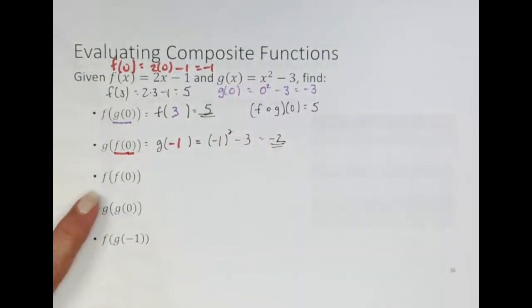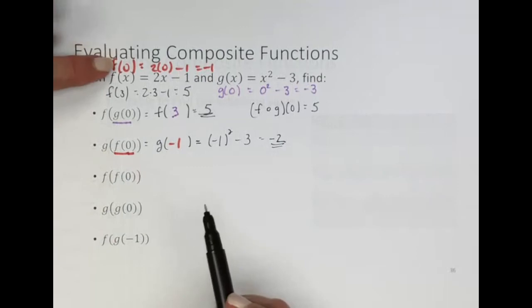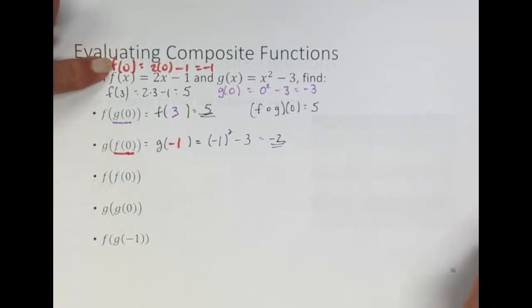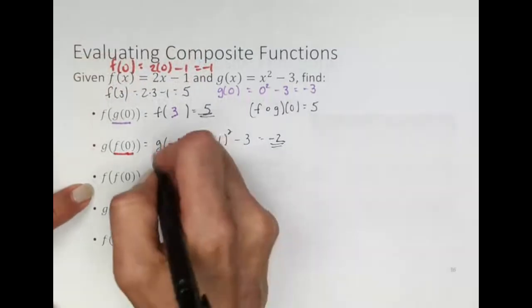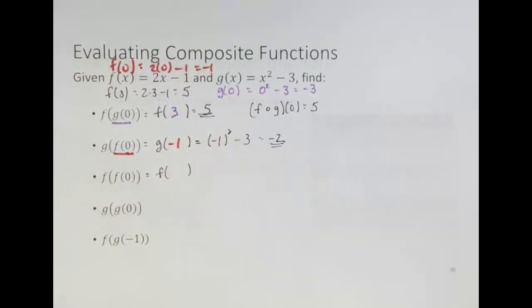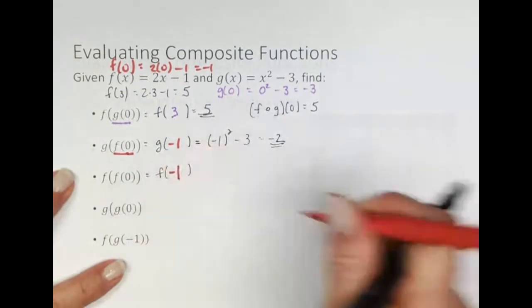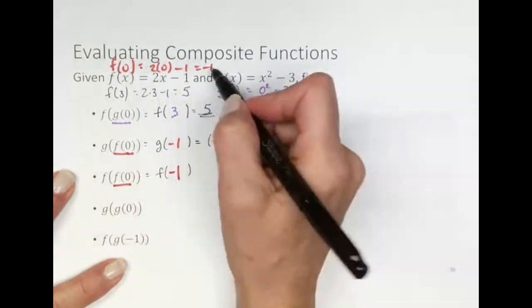Okay. How about f of f of 0, or f composed with f at x equals 0? All right, well, we need f of 0 first. We already found f of 0. F of 0 is negative 1. So to find f of f of 0, we want to find f of negative 1, since f of 0, we already know, is equal to negative 1.